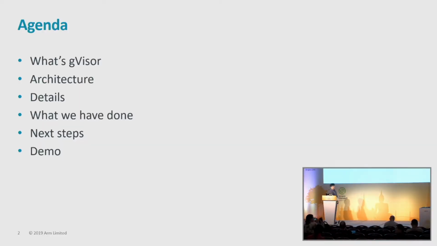Let's see the agenda. There are six parts in this session. Firstly, I will introduce something about the gVisor container. We will talk about the background of gVisor container. What is gVisor? And next, I will introduce the architecture information about the gVisor container.